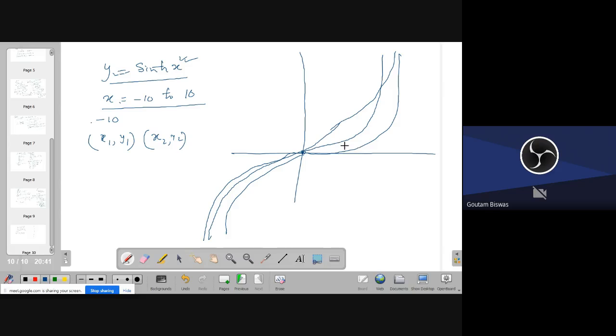Okay, because of the scale you have chosen, the shape of the curve has been different. If you choose the scale in such a way, it may look like this, or so on. But it must have the first quadrant and second quadrant. Nothing will come here. Okay, so I need the curve to be sent to me as an assignment.